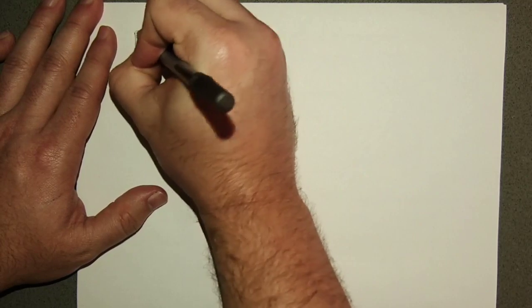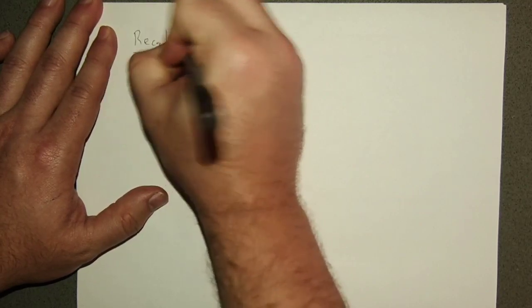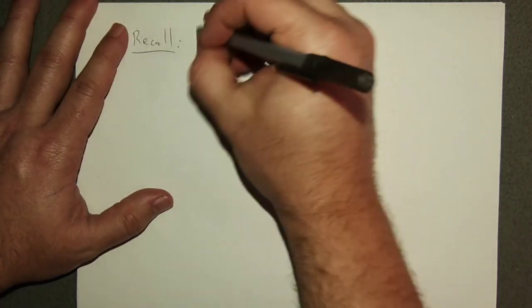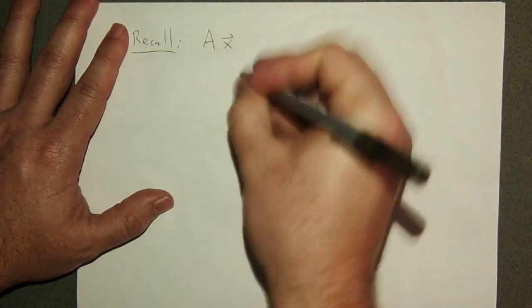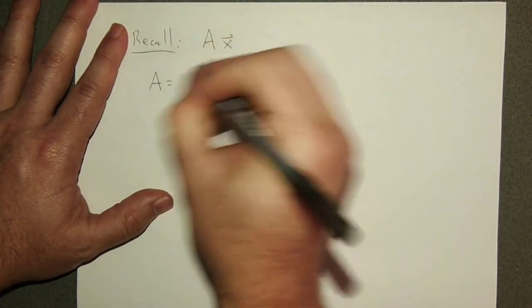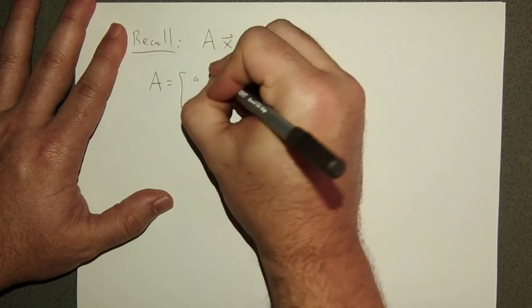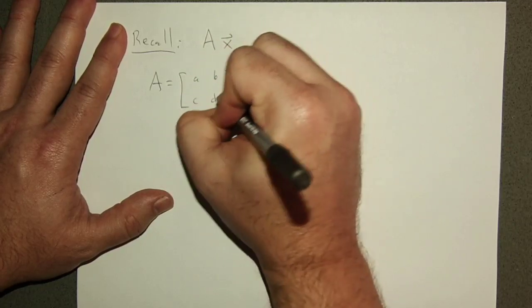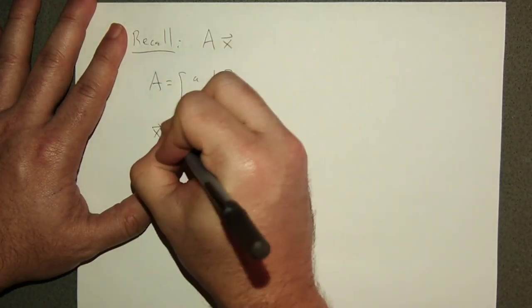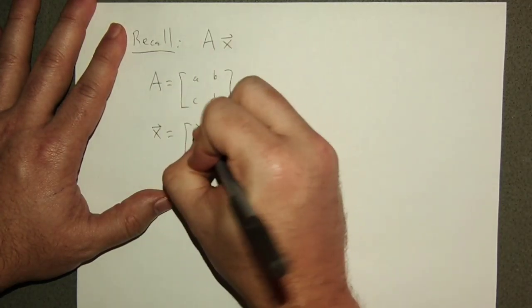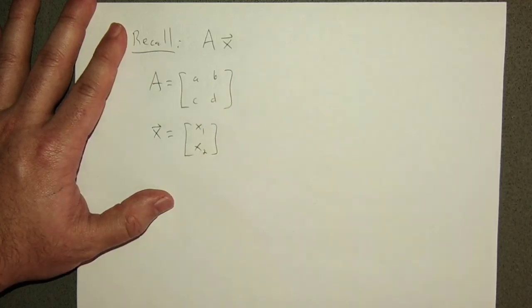So, recall, what does it mean to multiply two matrices? First of all, what does it mean to multiply a matrix by a vector? Let's say that A is the matrix A, B, C, D, 2 by 2, and X is the vector X sub 1, X sub 2.